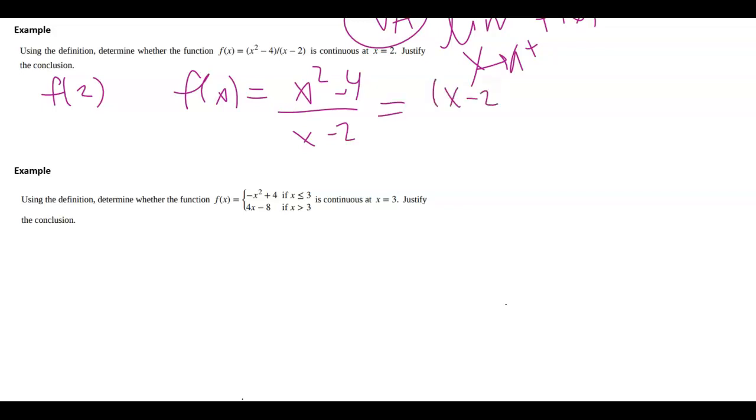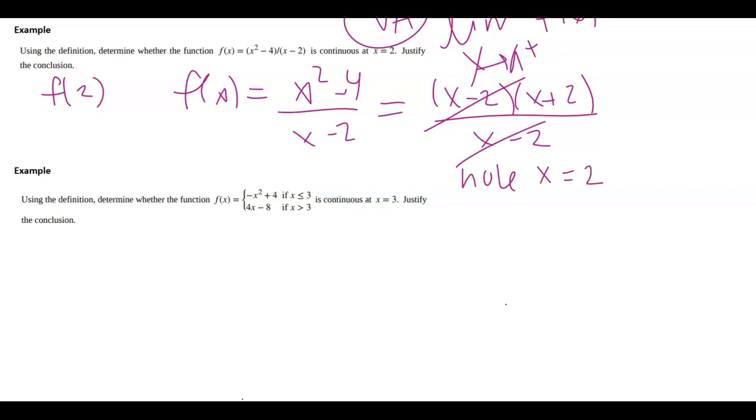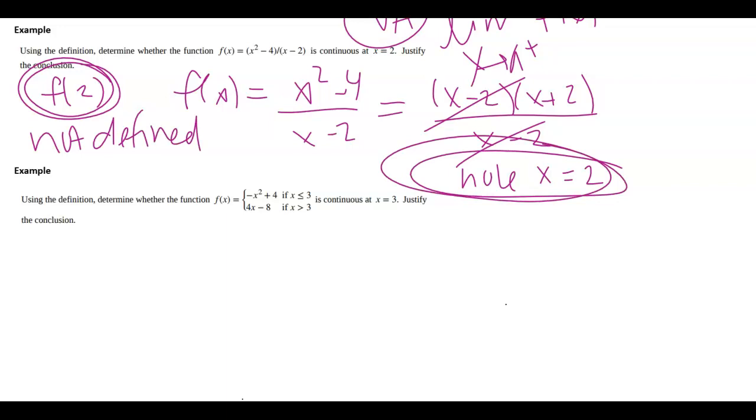So let's factor the top. I have a hole at x equals 2. Since this is not a piecewise function where I then say, oh, and at x equals 2, we have 4, I don't have that here. So f of 2 is not defined. There's a hole there, so not continuous.